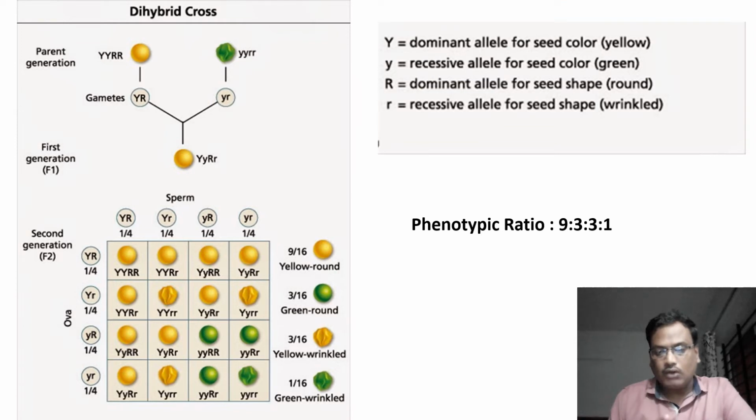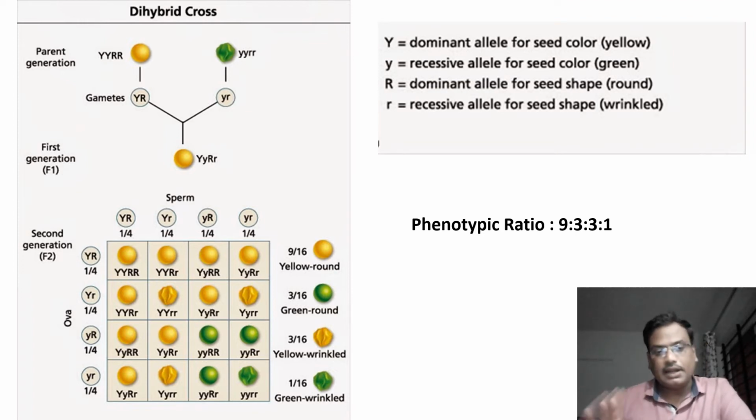Say when you cross two individuals with two different expressions of the same character, like tall and dwarf, if you get 3:1 in the F2 generation when you are considering only one character, and if you are considering two characters, you will get 4 phenotypes with 9:3:3:1 ratio. So 3:1 and 9:3:3:1 ratios are considered as Mendelian pattern of inheritance.